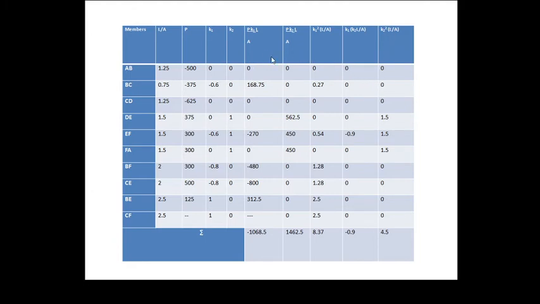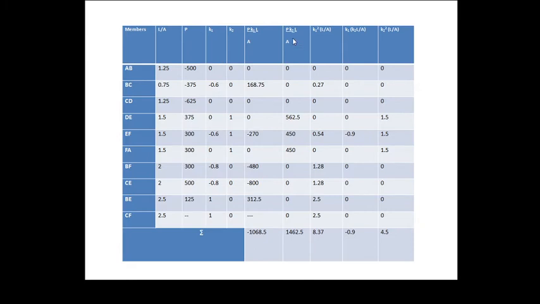This is the familiar method: find out the summation for each member and tabulate it up to the end, from AB to CF, in a table. You see this value. The summation of P K1 L divided by A, that is the sum of this table column, we are getting minus 1068.5.